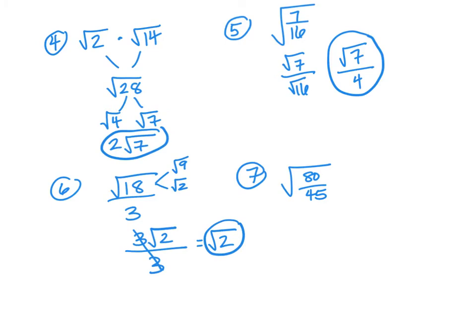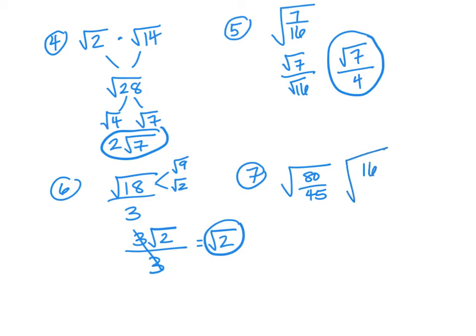All right, so now we're on to number 7. If we notice inside the radical sign, we have 80 in the numerator and 45 in the denominator. These are both divisible by 5. So let's go ahead and reduce the fraction and then work with simplifying it even further. So 80 can be divided by 5, and when we do, it's going to give us 16.